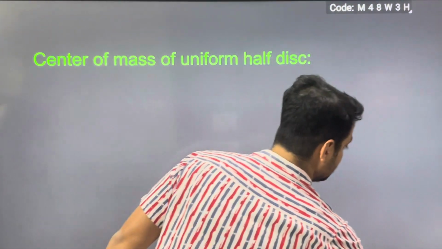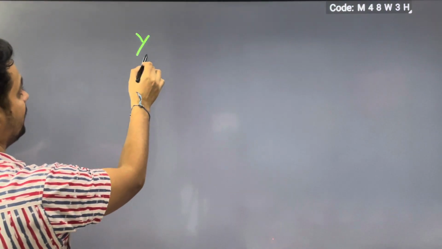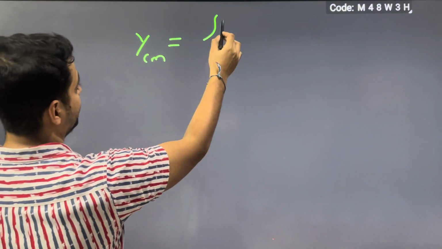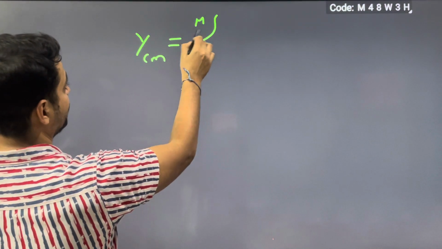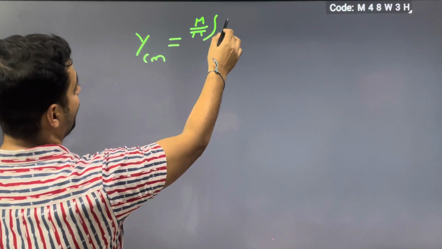Here we have to find the y center of mass, and we have written already, this was M by pi. So M by pi constant outside we can take, okay, and it was R cos theta.